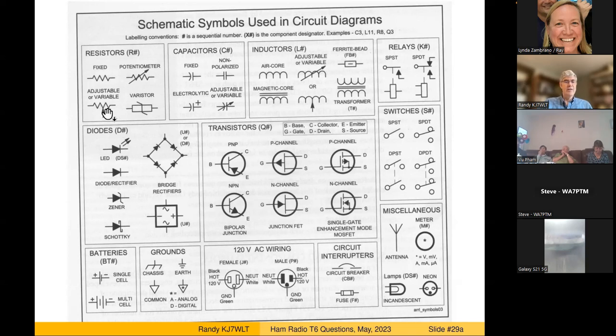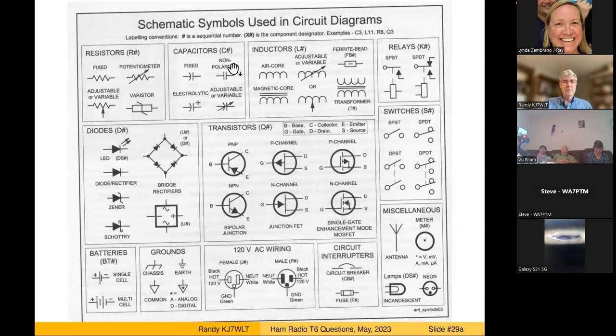So it's a variable resistor or a potentiometer. Well, here's another one that says it's the potentiometer. So I guess it depends on the context. I think they're both variable resistors, but potentiometer is the term used if it's something like a volume control, for example, whereas a variable resistor could be used in other contexts as well.